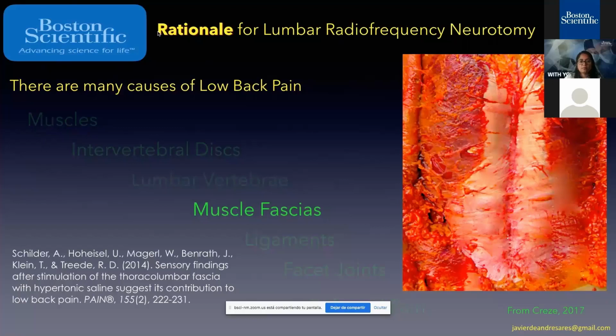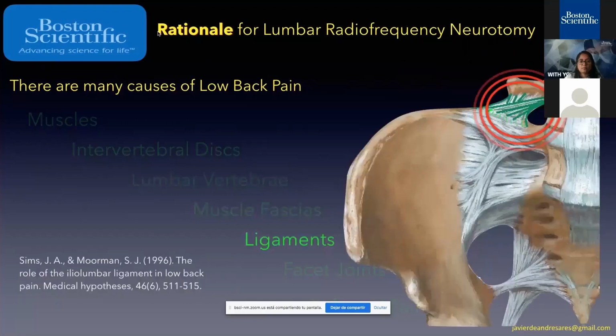Ligaments are a controversial source of low back pain. Some say, for example, that the iliolumbar ligament is a source of low back pain, but recent anatomical studies say that it is not so richly innervated. But we can think of this source of pain, for example, in the cluneal area, which is part of the low back, sometimes very difficult to treat.